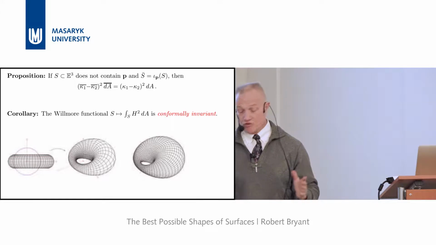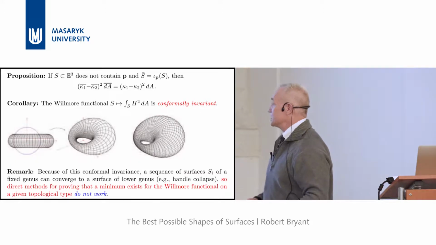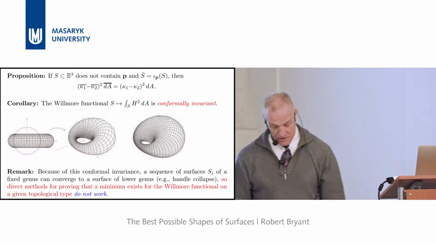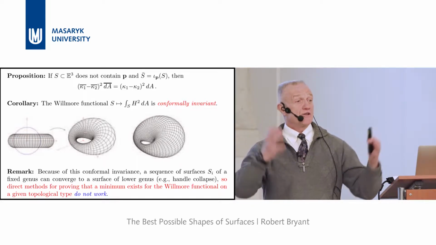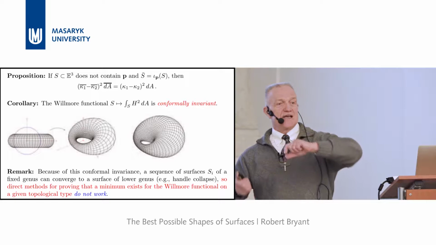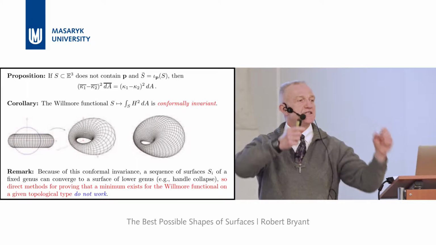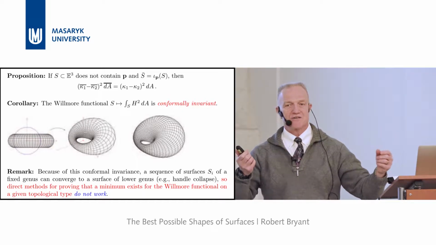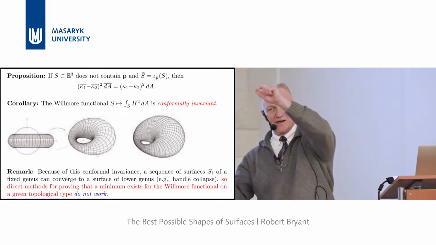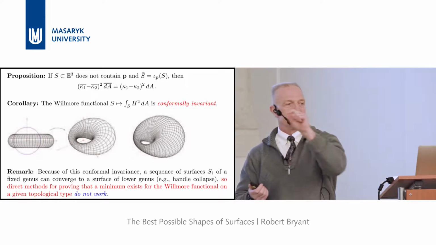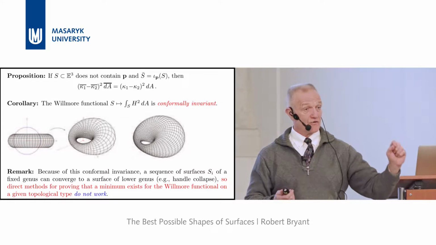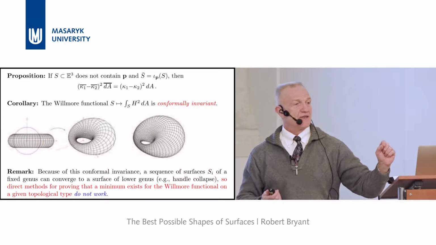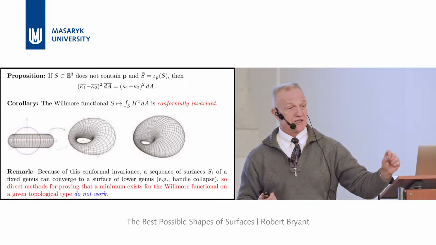So the standard strategy in the calculus of variations, for example, for showing that there's a minimum, is to say there is an infimum. Every set of positive numbers has an infimum. So take a sequence of things whose Willmore energies converge to the minimum, and then try to select a convergent subsequence.